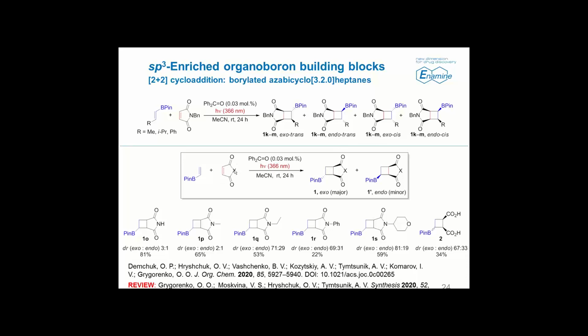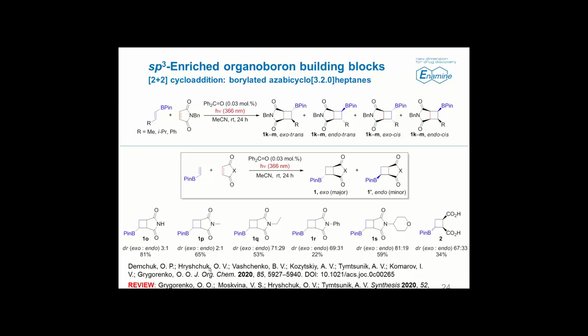Also, the reaction could be extended to some other maleimides and maleic anhydride, but apart from maleic acid derivatives, these conditions were not applicable to other alpha-beta unsaturated compounds. So it is most suitable for other bicycloheptane derivatives. These compounds can be obtained by this chemistry with quite good efficiency.